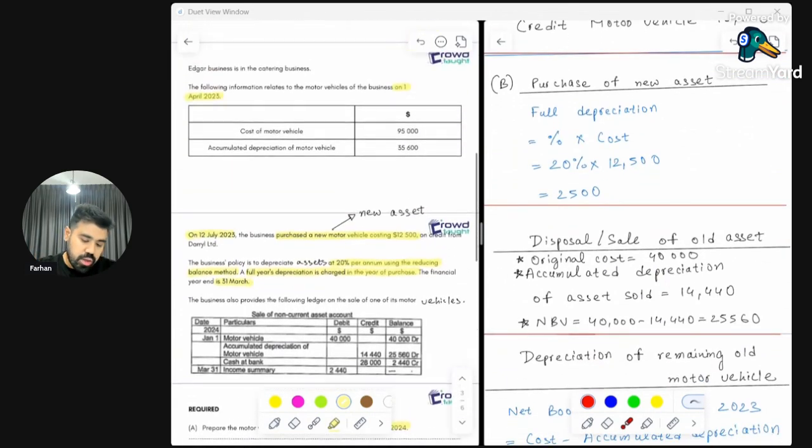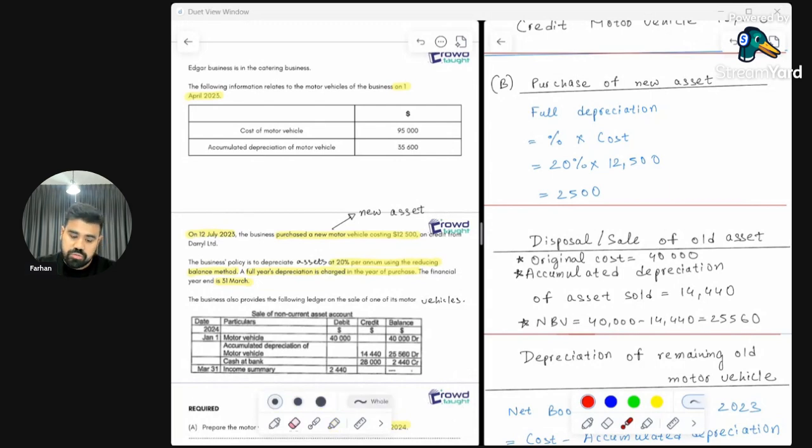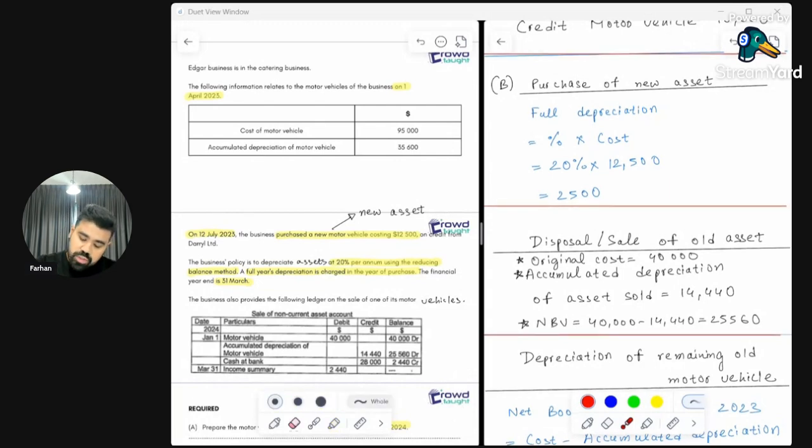All right. Okay, to begin with, we are going to start with the purchase of the new asset. You know that on 12 July 2023, we have purchased a new asset, which you can see on the question in the left-hand side, okay? 12 July 2023, we have purchased a new asset.